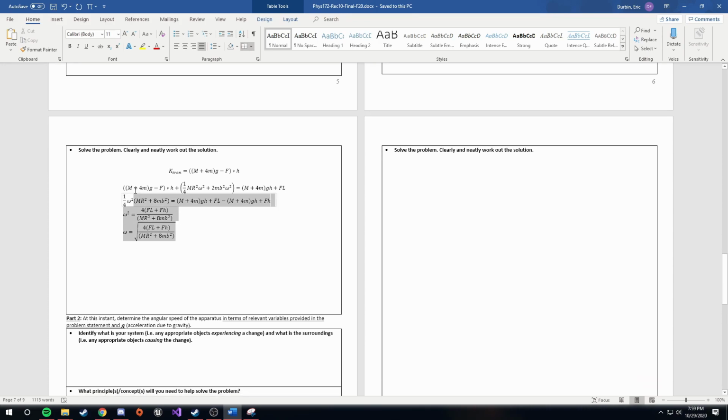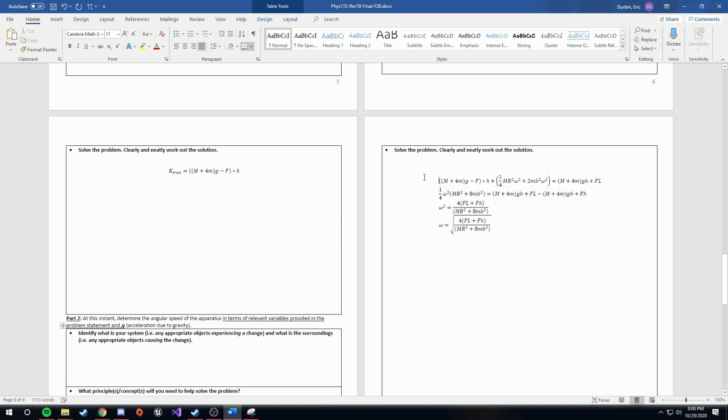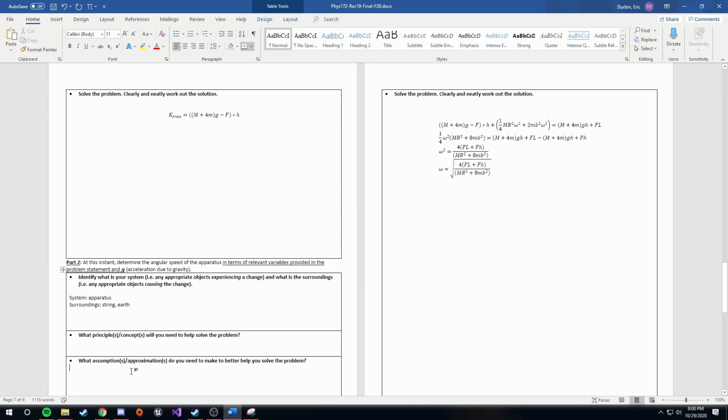Checking. I just moved it to the other side. Where did the 8 come from and the m B squared? Oh, I took out a 1/4.